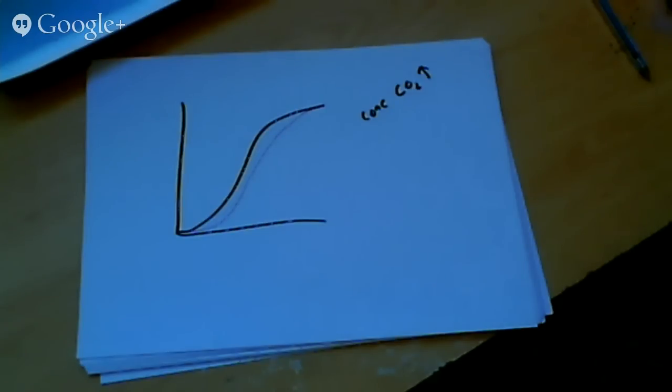So as concentration of CO2 increases, the partial pressure of oxygen needed increases to pick up the same amount. That's all it is. So basically, as carbon dioxide concentration increases, it becomes harder to attract oxygen.